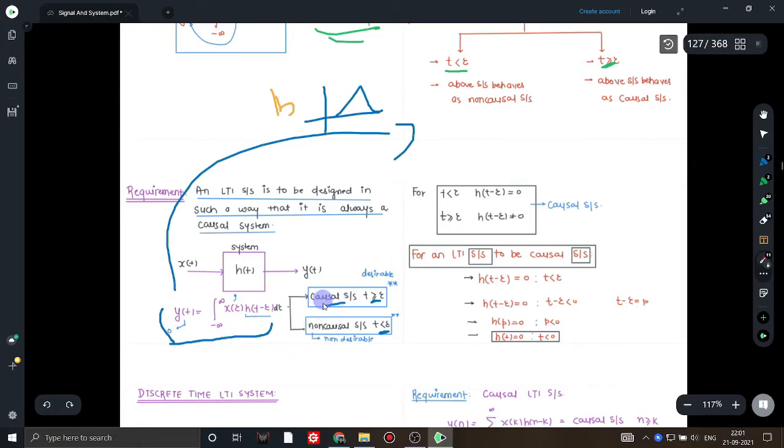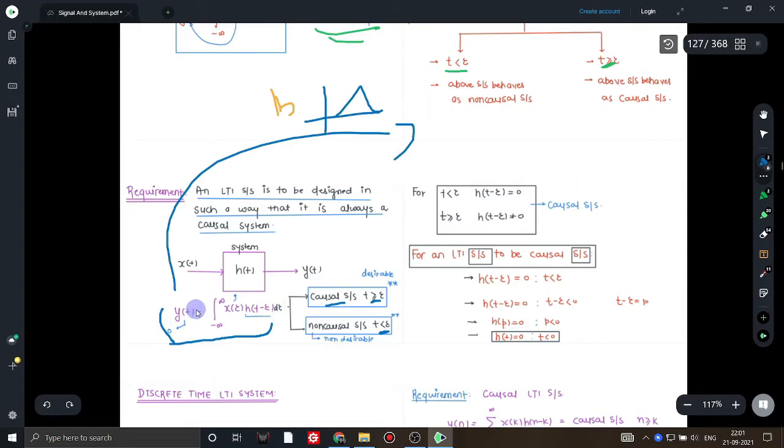As we have discussed earlier, this is the basic formula of convolution. And if this y(t) term wants to be a causal system, then this t should be greater than or equal to tau.